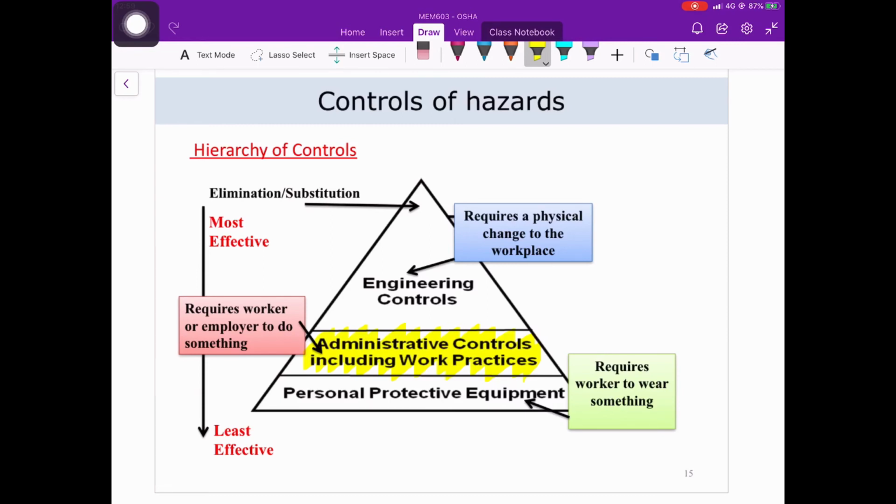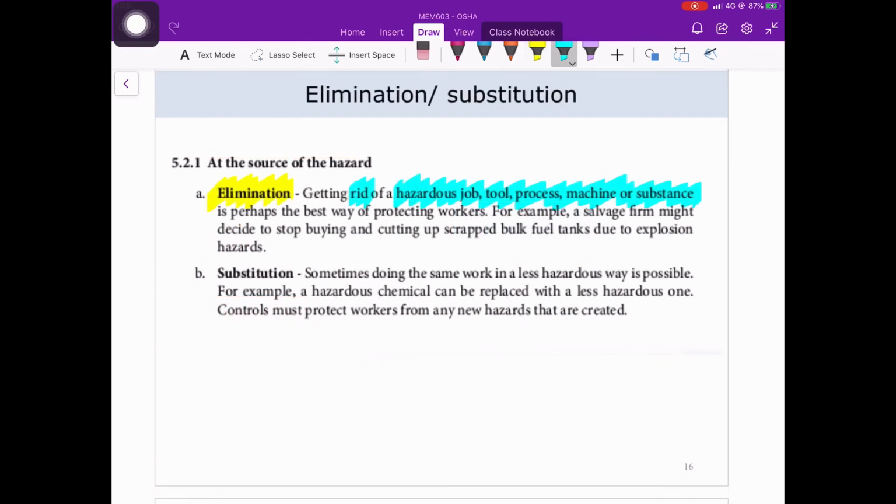For this type of control measure, it will require the worker or the employer to do something, such as training courses. The term elimination means getting rid of hazardous job, tool, process, machine, or substance, which is the best approach to protect the workers. The term substitution means replacing the procedure or process for the same work, but in a less hazardous way as possible.